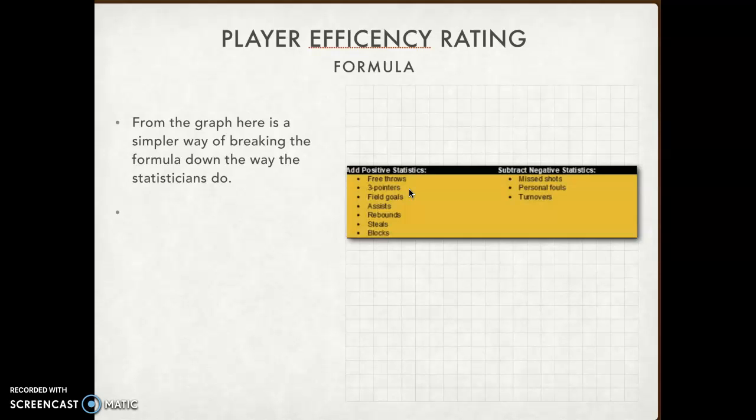So if we were to do a problem by ourselves, LeBron James won the league championship in 2016, and according to ESPN his PER was 27.11 based on the season of the Cavaliers, and this is the math they did.